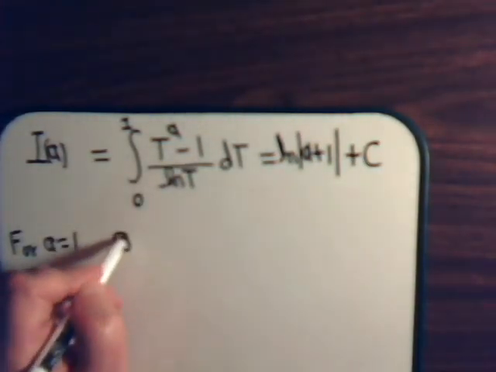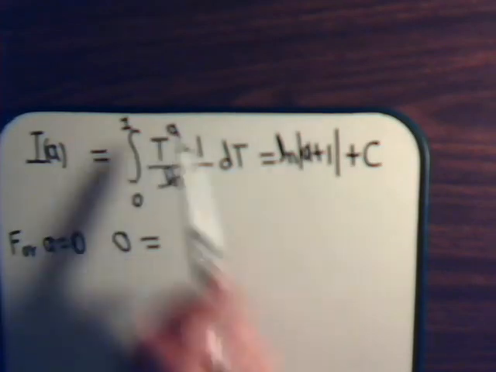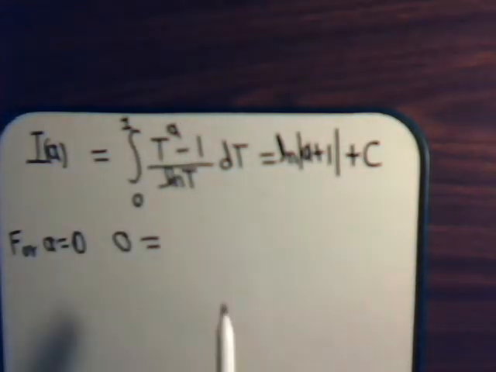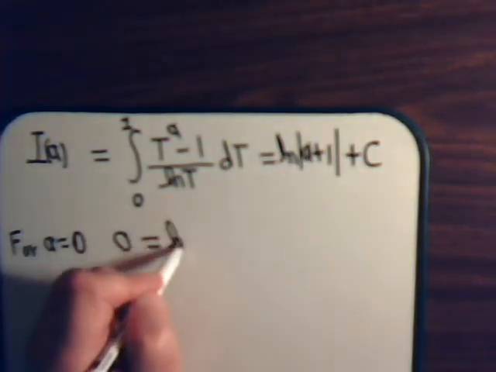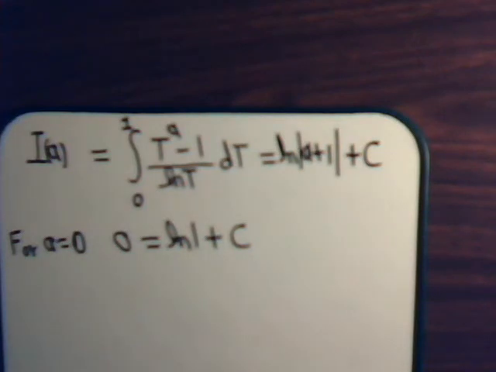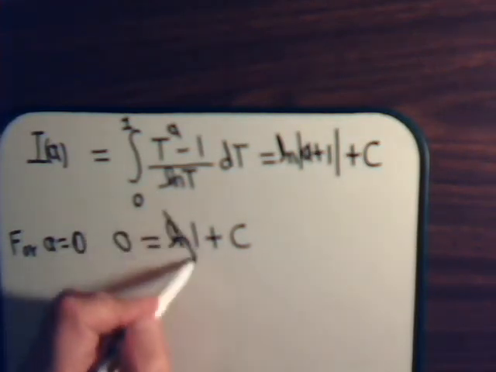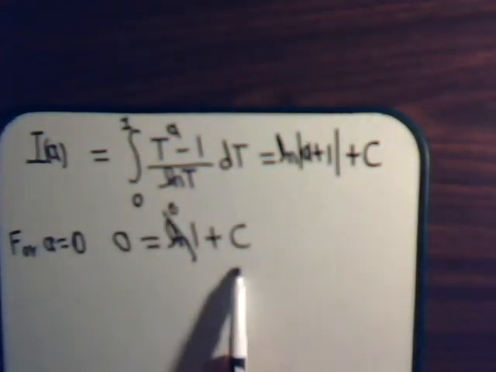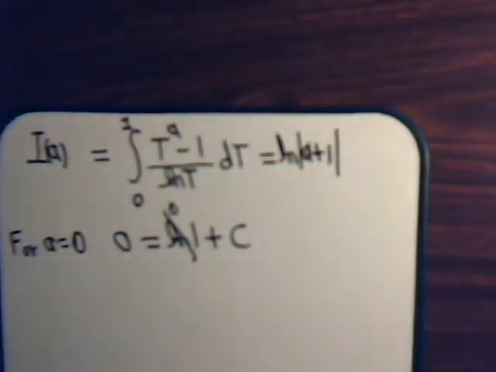So we have 0 equals, t to the 0 is 1, 1 minus 1 is 0. Then that will equal here, a is 0, the natural log of 1, plus the arbitrary constant of integration, c. But the natural log of 1, that's 0. So c is 0. So there's the solution to our problem.